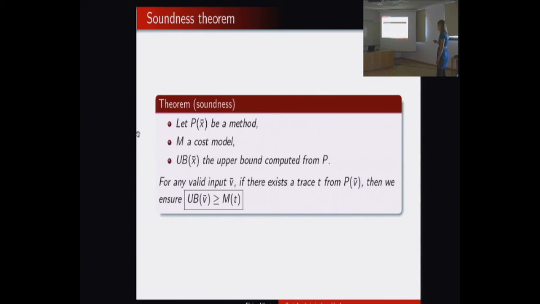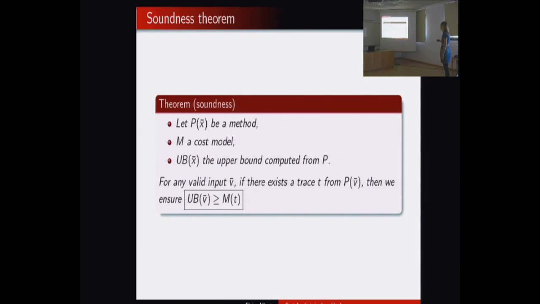So then the theorem that one would expect, what do we get from here? We have a method P, and we select some cost model. We are counting instructions. In the same way we could count memory consumption, we put down the cost of the method. We obtain an upper bound, which is a function of the input arguments of the method.